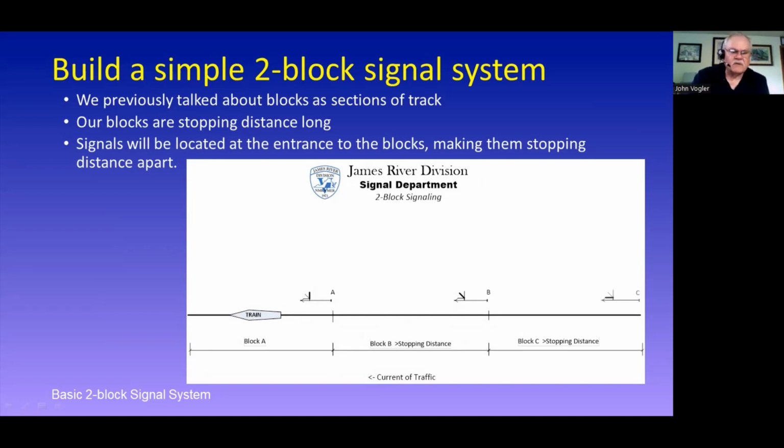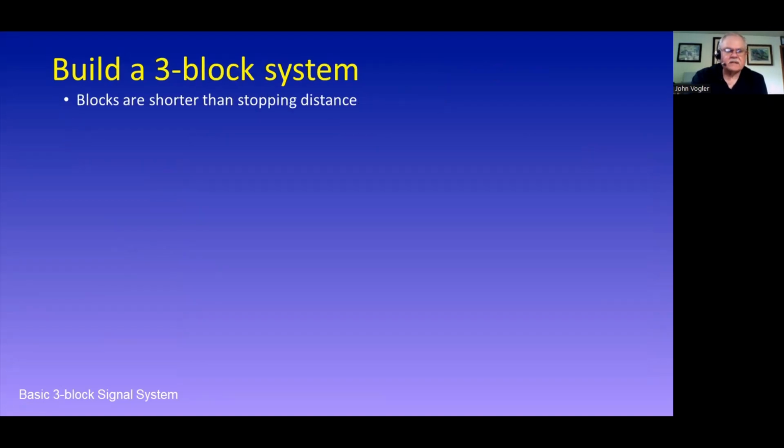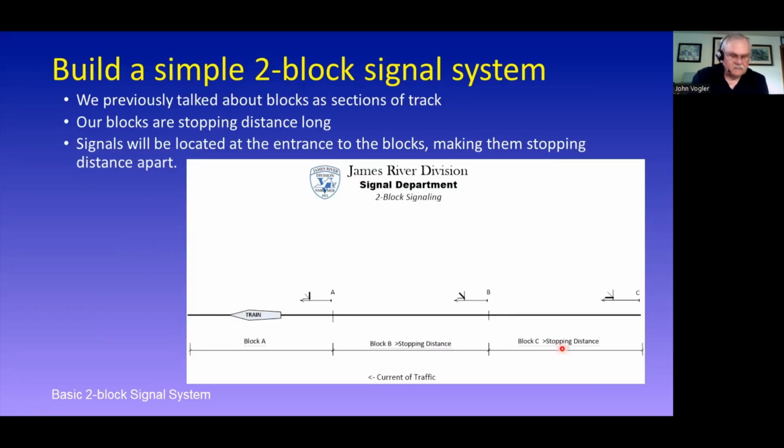And the next signal says, well, as far out as I can see, there's no hazard, because here it's stopping distance and the hazard is somewhere in this block. So this signal can display a proceed at maximum authorized speed.